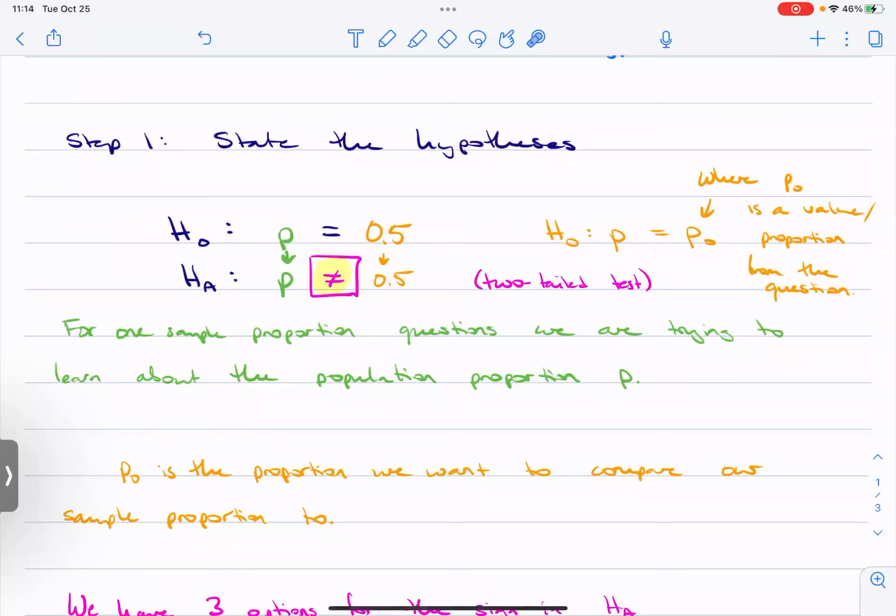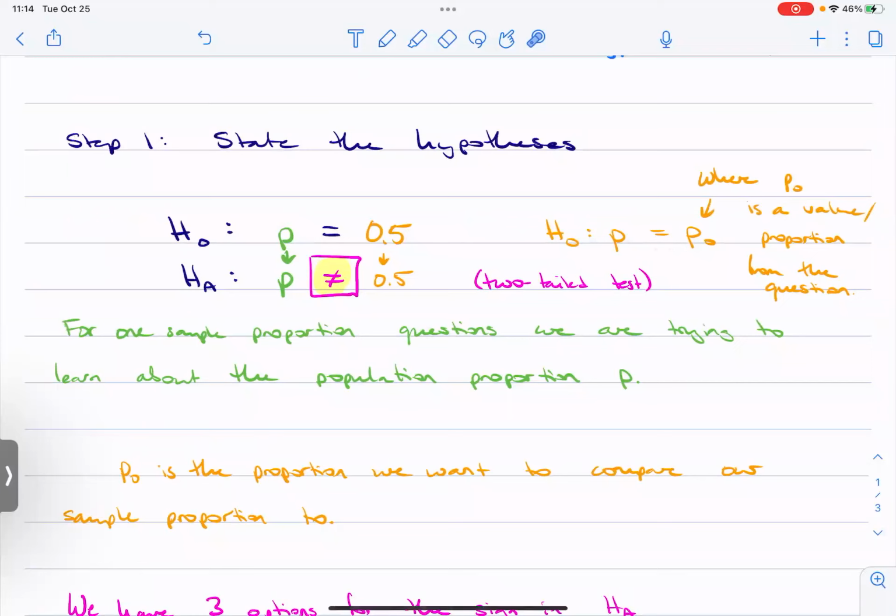So conditions for hypothesis testing are now going to use P naught instead of P hat, which was for confidence intervals.